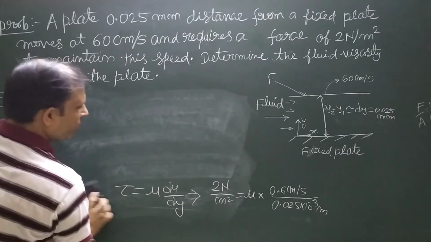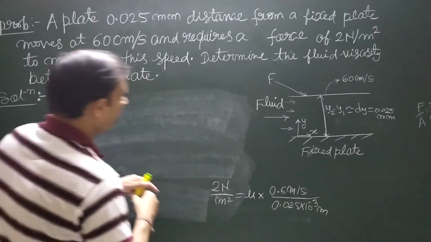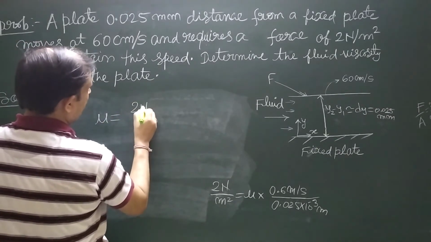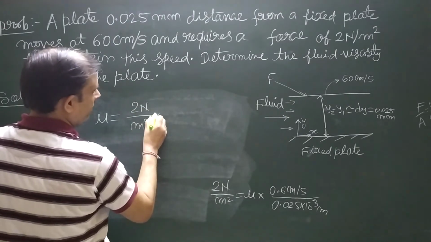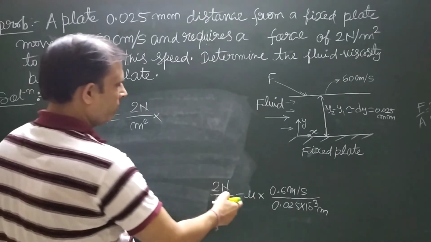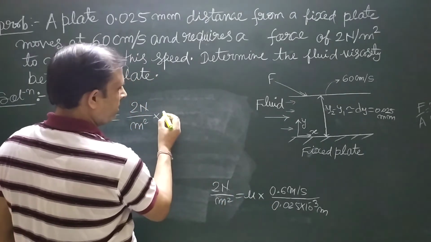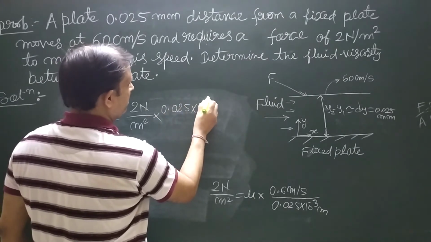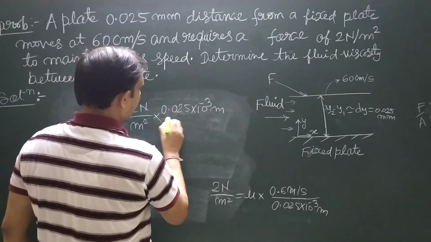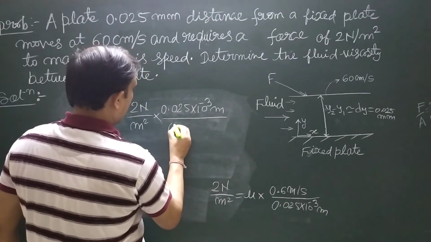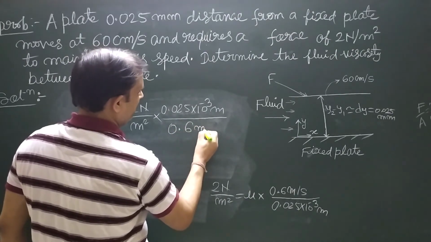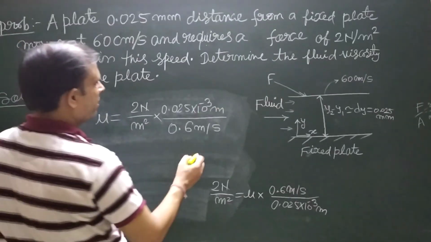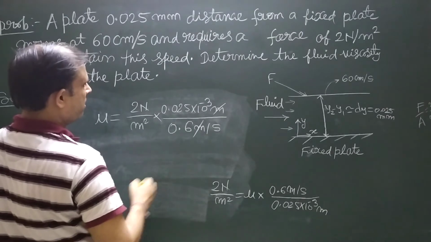Next we can write this solution in this form. Mu equals 2 Newton per meter square into 0.025 into 10 to the power minus 3 meter divided by 0.6 meter per second. The meter will cancel out, and the second will multiply.